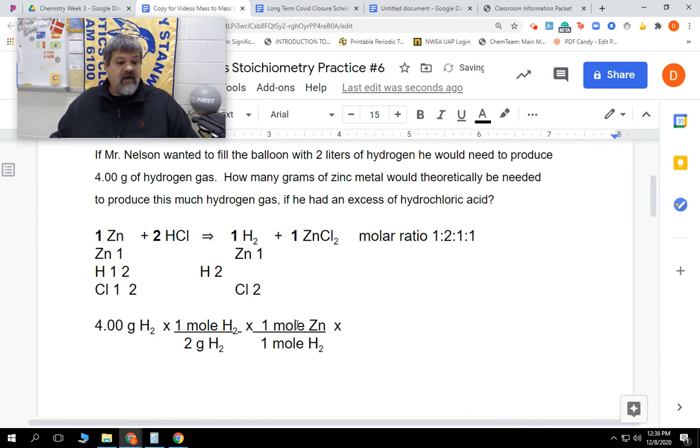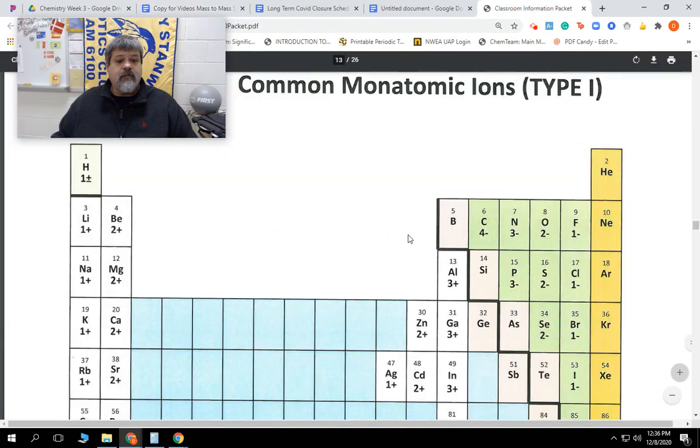And so now I have it in moles of zinc, and now I have to change it from moles of zinc to the weight. So we're going to come back down here, and we're going to put down 1 mole of zinc, Zn, equals how much? How many grams of zinc?